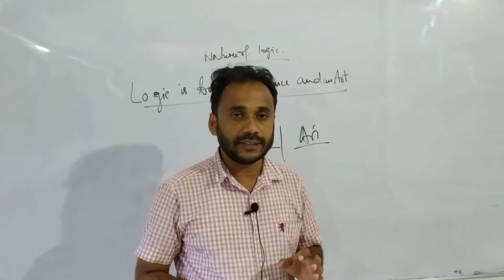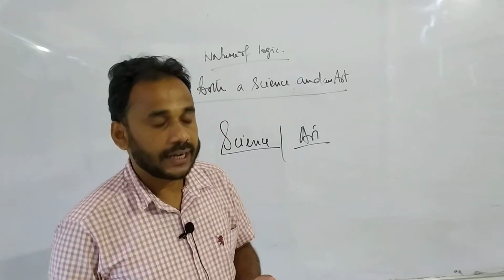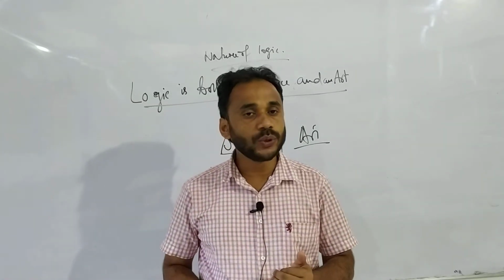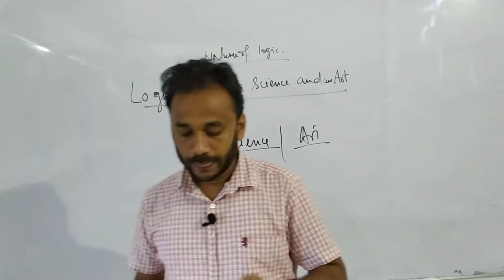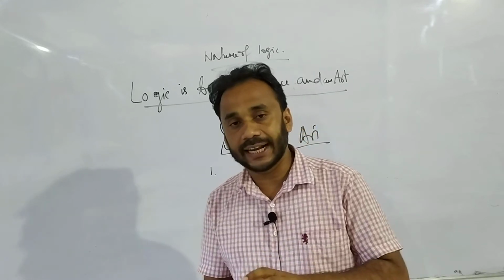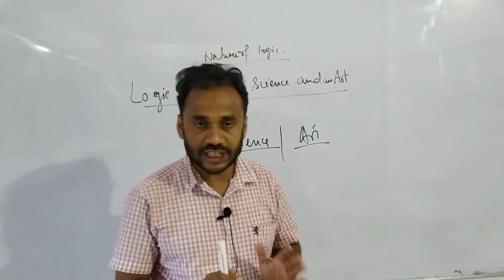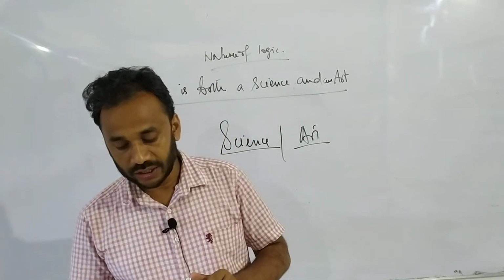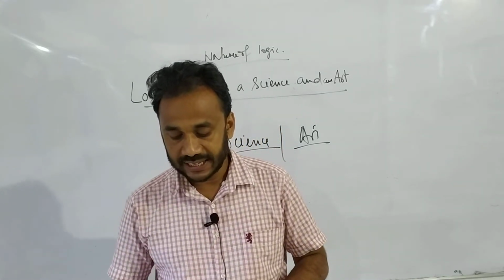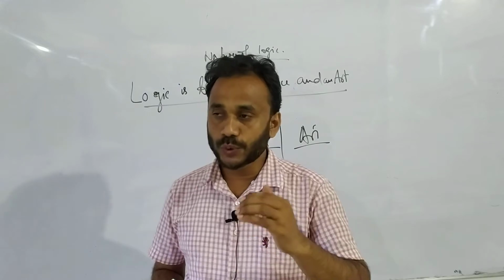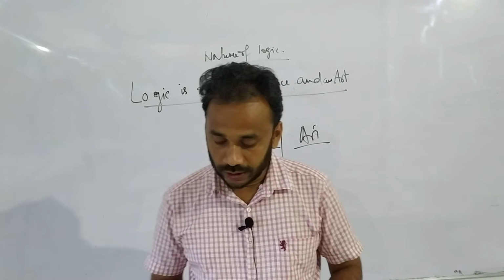Then the third point: a science teaches us how to know, an art teaches us how to do. That means a science teaches us to know and an art teaches us to do.